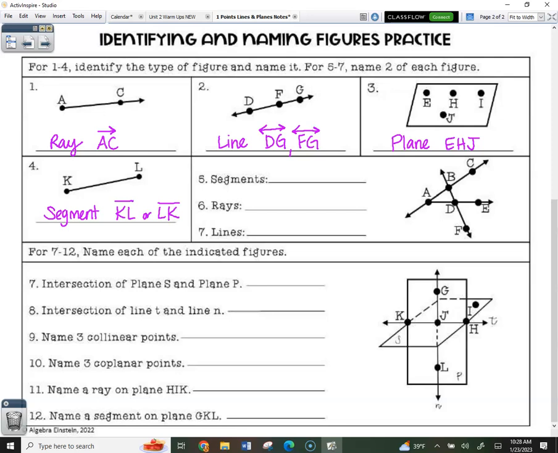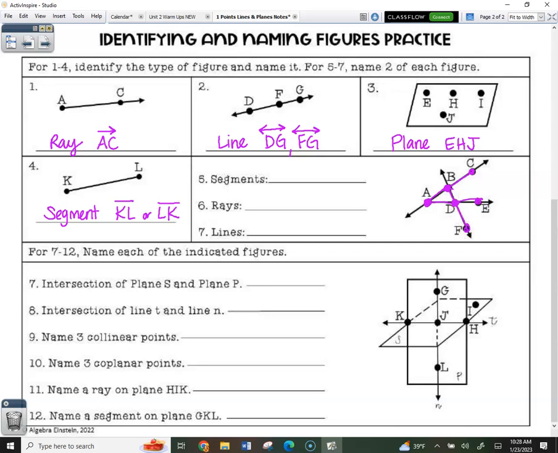5, 6, and 7 are based on that picture to the right, and there is a lot going on there. So there's a lot of answers here. It's saying, give me 2 segments from this picture. A segment has a what and what? A segment has a start and then end. So I'm going to just highlight. You could have said AB, BD, BC, AD, DE, DF, or you could reverse all of those.